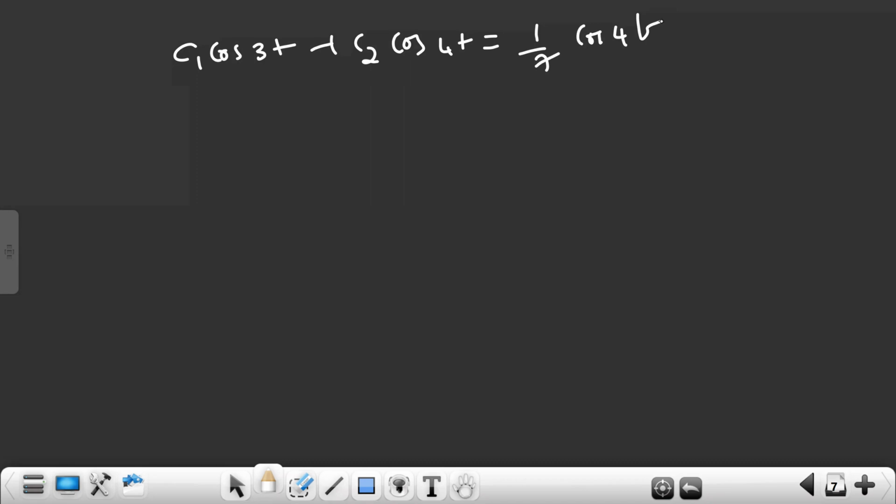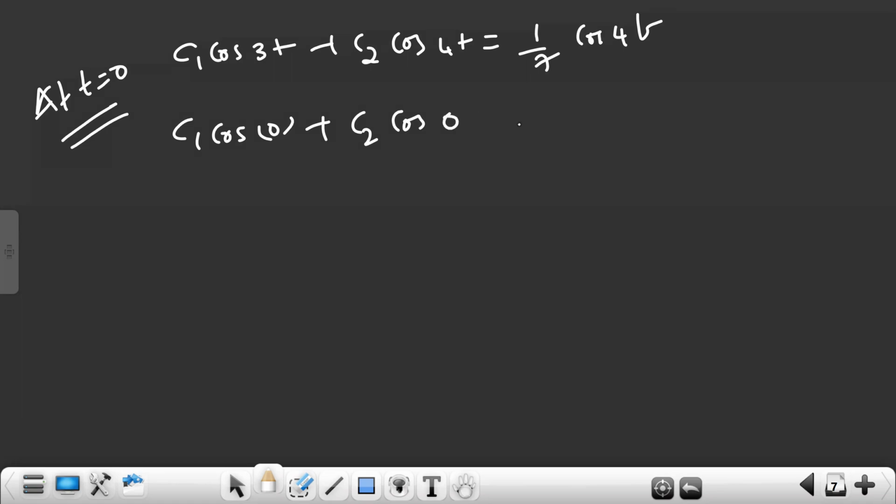After substituting the value of 0, correct? We need to substitute the initial condition now. So C1 into cos 0 at t equal to 0. We are going to find at t equal to 0. So C1 cos 0 plus C2 cos 0 equal to 1 by 7 cos 0. Cos 0 is 1. So C1 plus C2 is equal to 1 by 7.